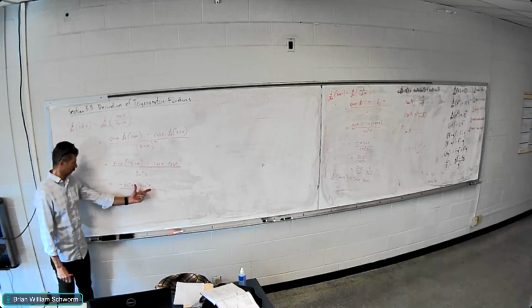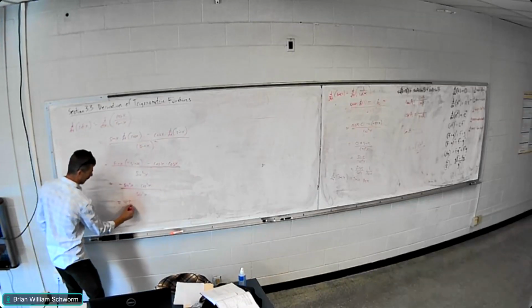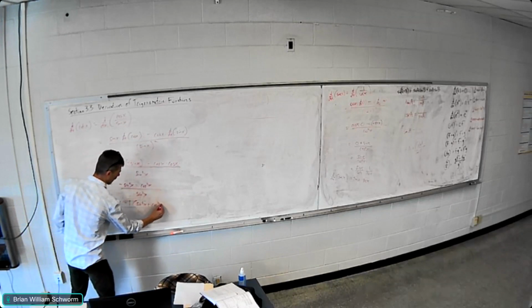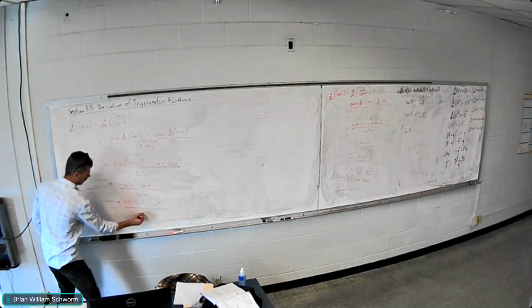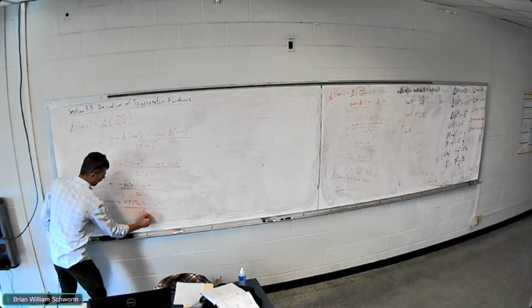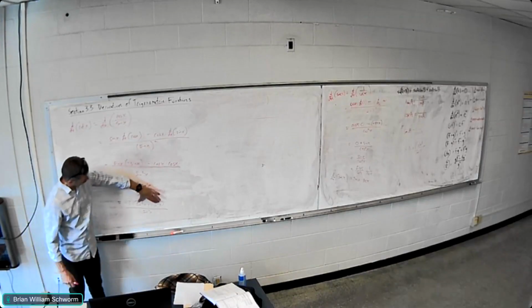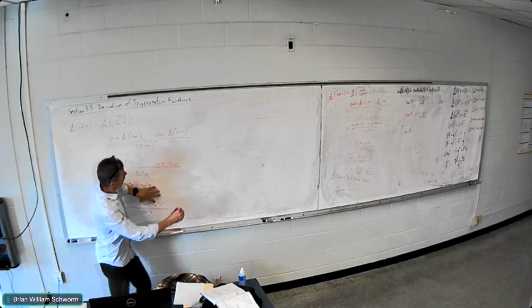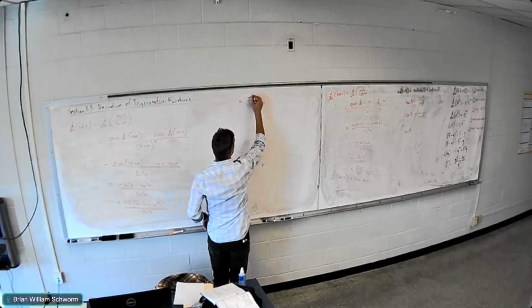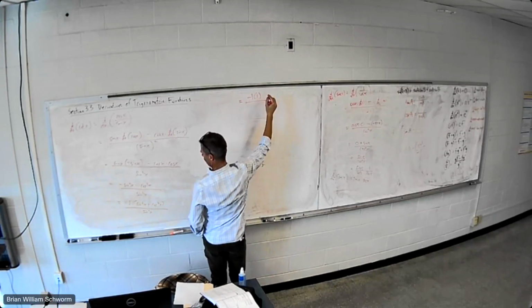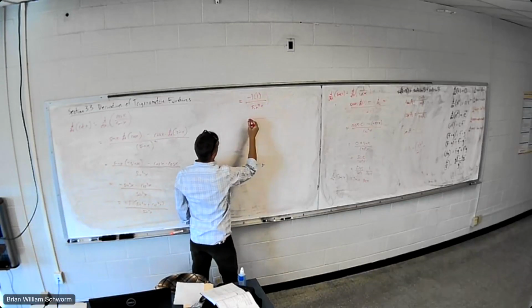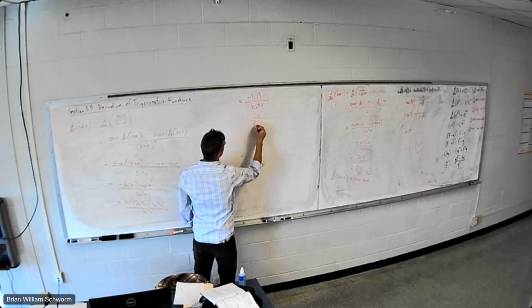So what I could do is factor out a negative 1: sine squared plus cosine squared, over sine squared. And sine squared plus cosine squared is always 1.